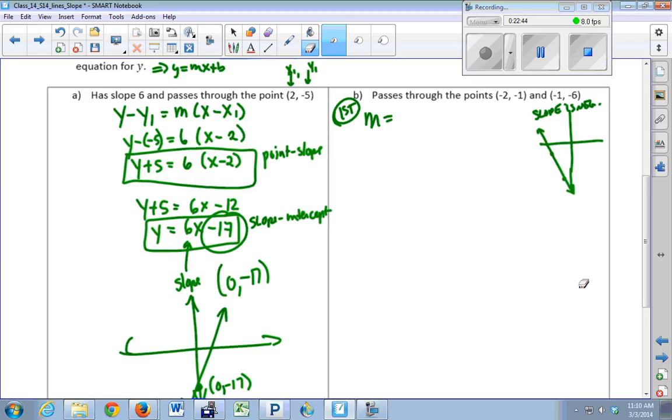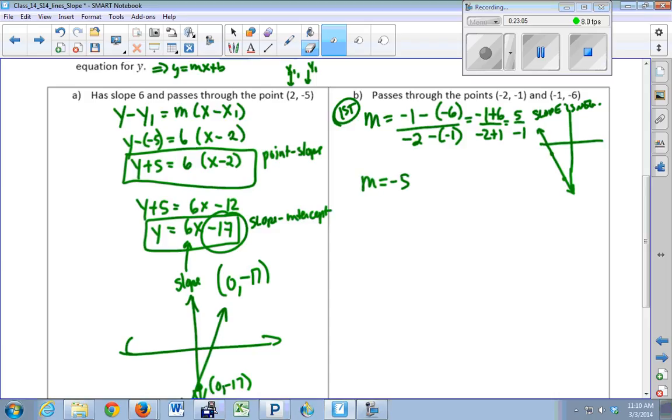Okay, so we have the change in our y values, -1 take away a -6, and -2 take away a -1. That gives us -1 plus 6 in the numerator and -2 plus 1 in the denominator. So that gives us 5 on the top and -1 on the bottom, so my slope is -5.